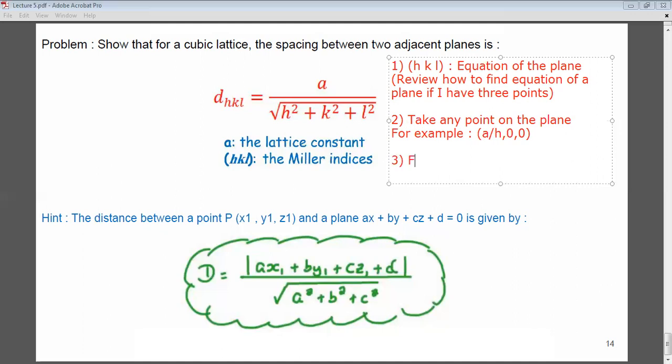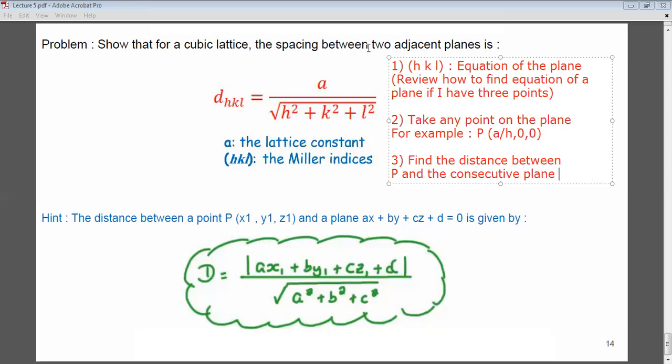Then find the distance between this point, let's call it P, and the consecutive plane.